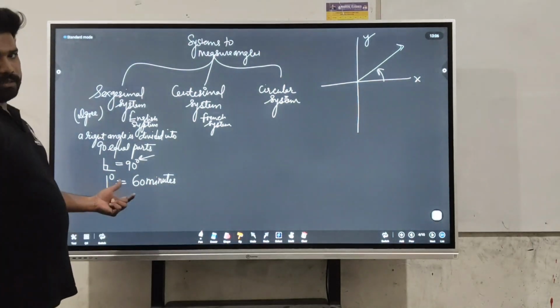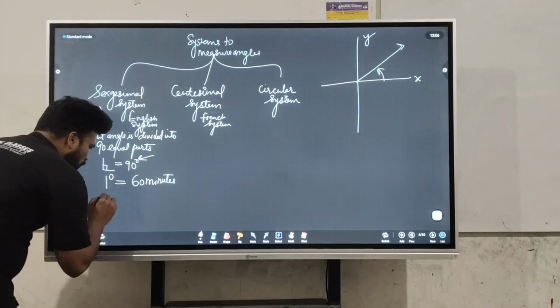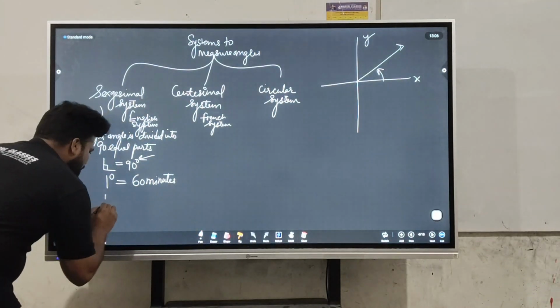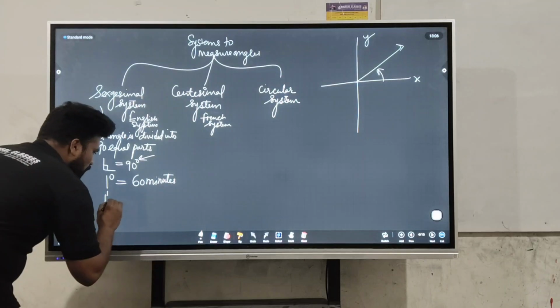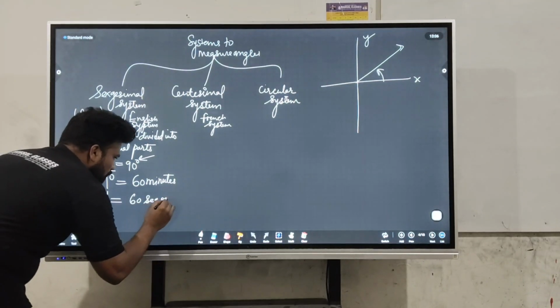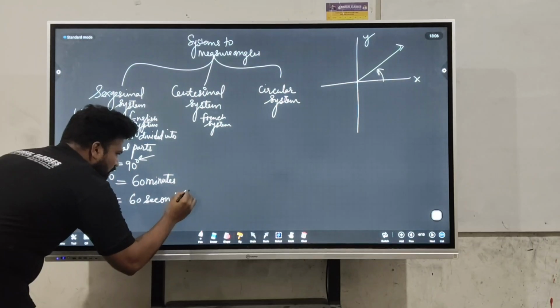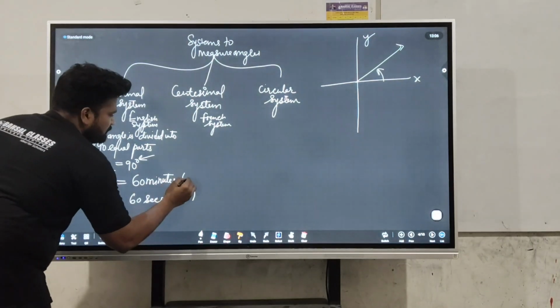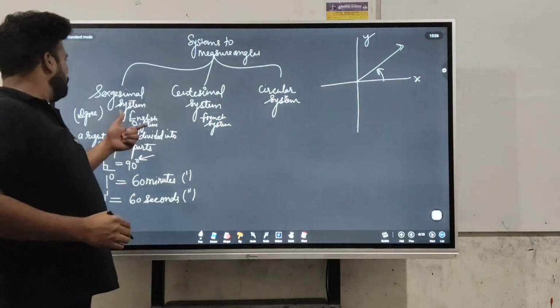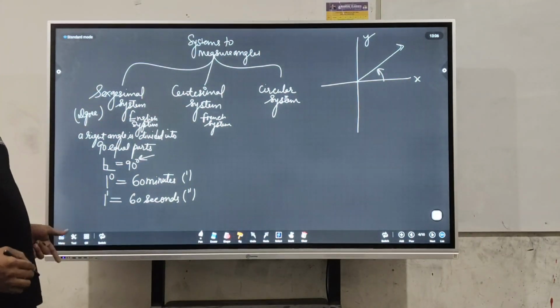A minute is denoted by a single dash. 1 minute is divided into 60 seconds, and seconds are denoted by a double dash. This is how we measure in the sexagesimal system.